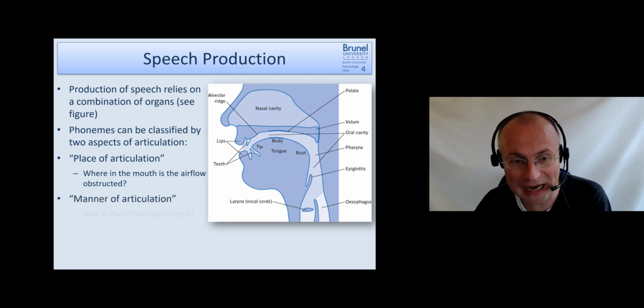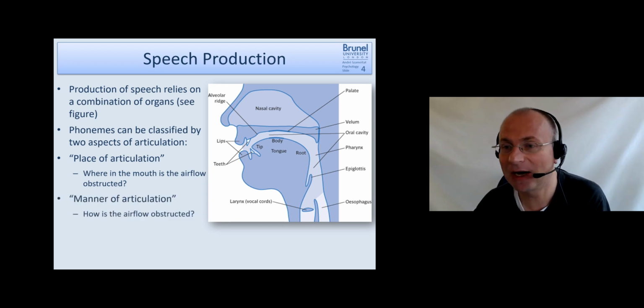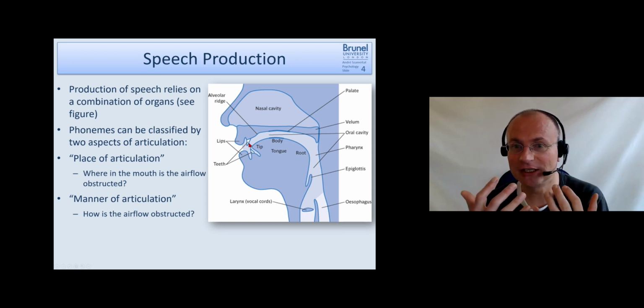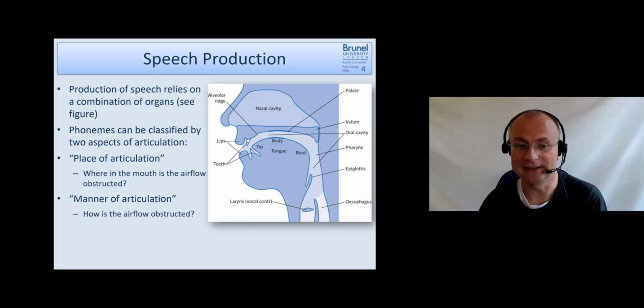And then we have the manner of articulation. How is the airflow obstructed? And for instance, when we produce a T, then we put the tongue roughly in this area and obstruct it completely, while for the TH, like in think, we also put it similar, slightly different position, but air is still allowed to flow through here.